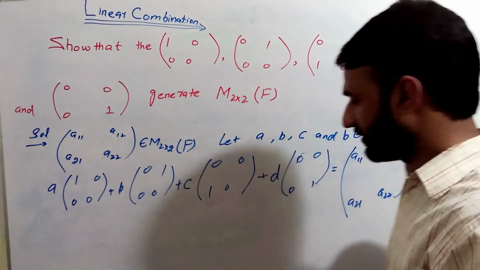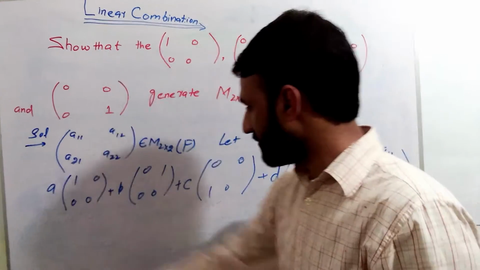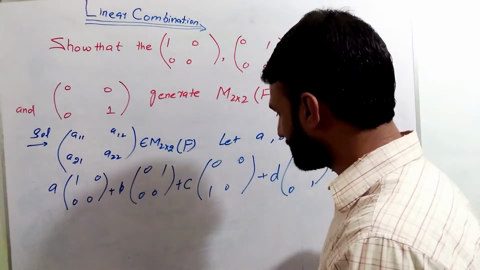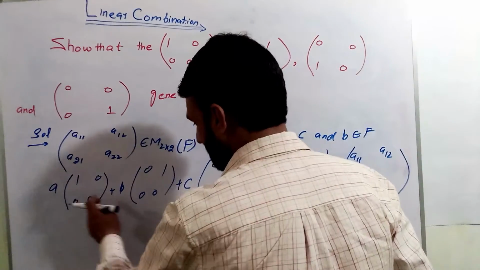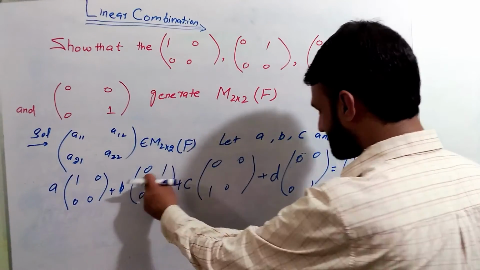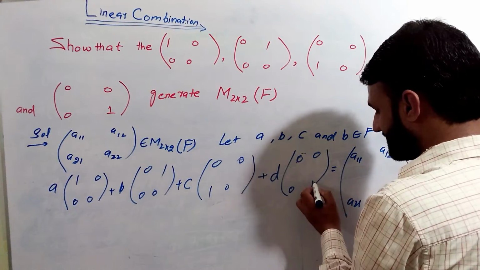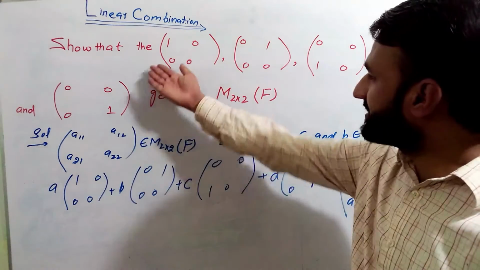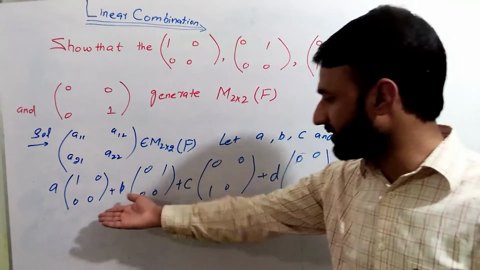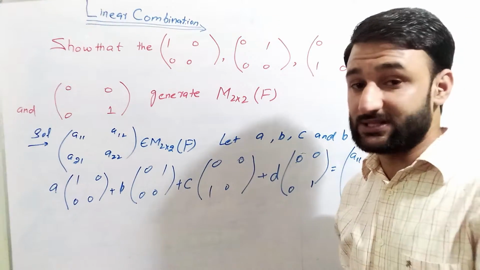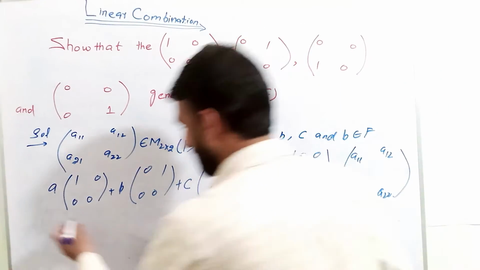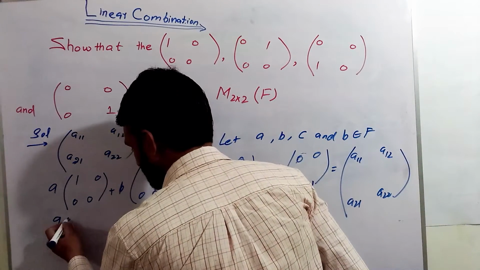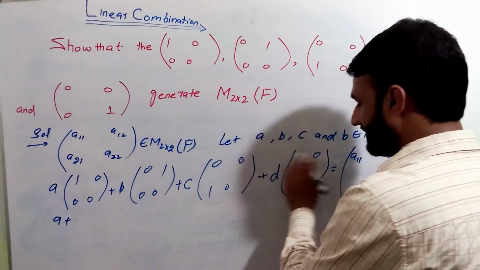So the first step is to multiply these terms. If you notice, for a, the first entry is 1 and the others are 0. Now we multiply and check whether it is true or not. Do you have any other entry?